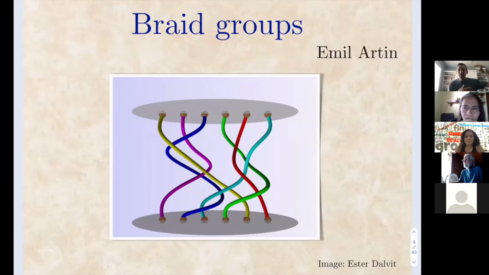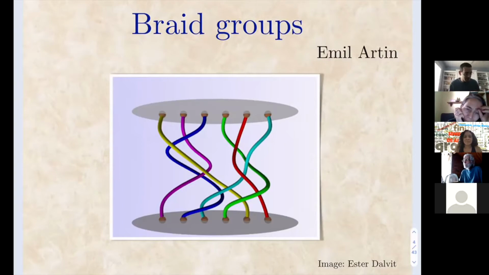If you have 2 braids on 6 strands, you can stack the pictures, and you get another braid on 6 strands. That's the group operation. Associativity is not hard to believe. Inverses are also not hard to believe, but you can check all those things. So that's the braid group.